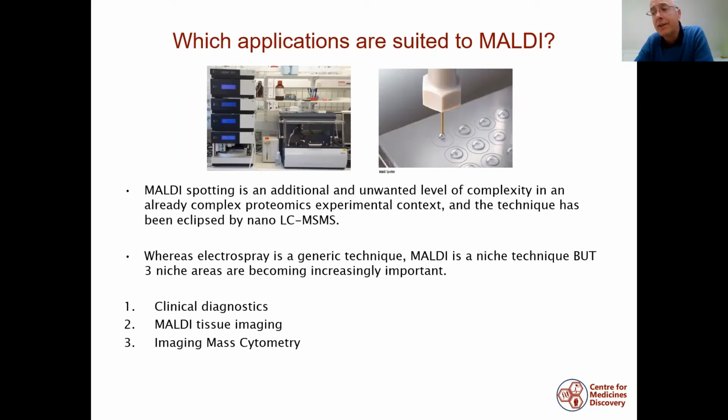And it's not really necessary, because if you compare it with electrospray, that interface is already there. So it's just unnecessarily complicated. And because of that, I would say these systems have pretty much universally been eclipsed by nano LC.